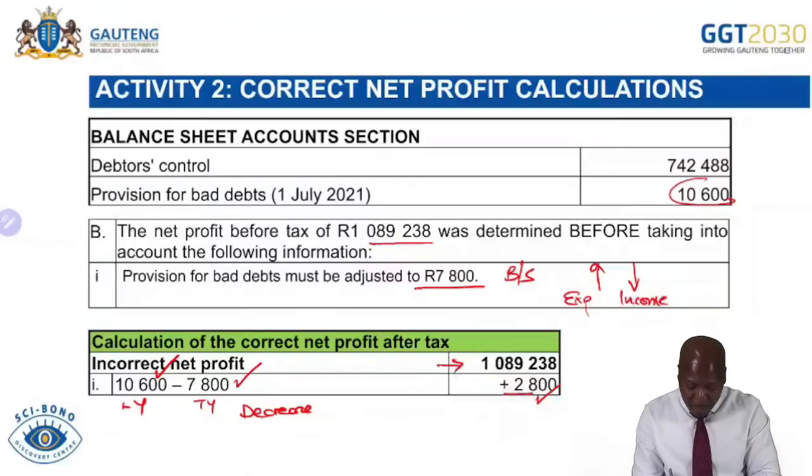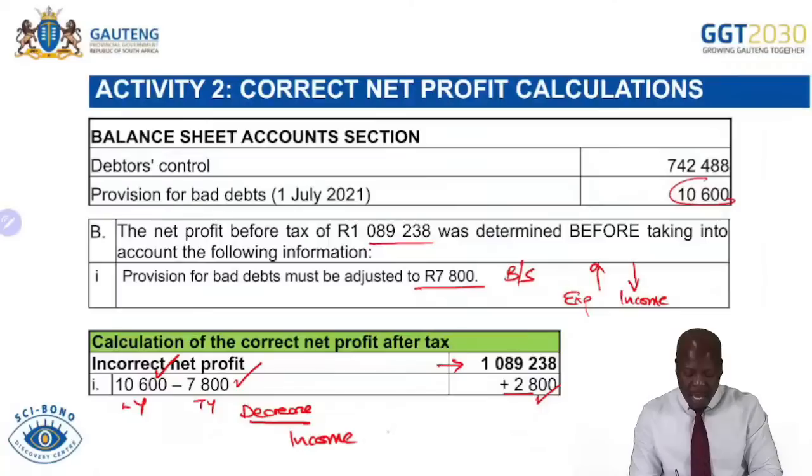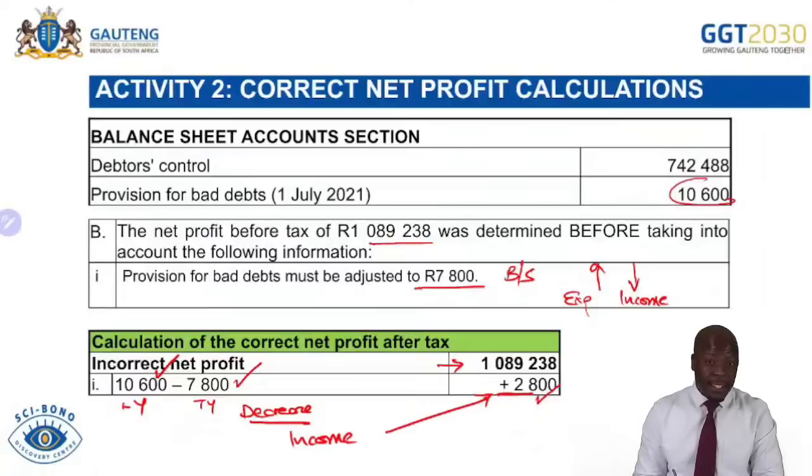Hence, you see, I'm coming here to say plus 2,800. Why? Because here I have a decrease in my provision, and a decrease is income. So I have income that must be recorded, taken into consideration. Therefore, my net profit is going to increase. Hence, you see the plus sign, plus 2,800. Can I move on to the next one?